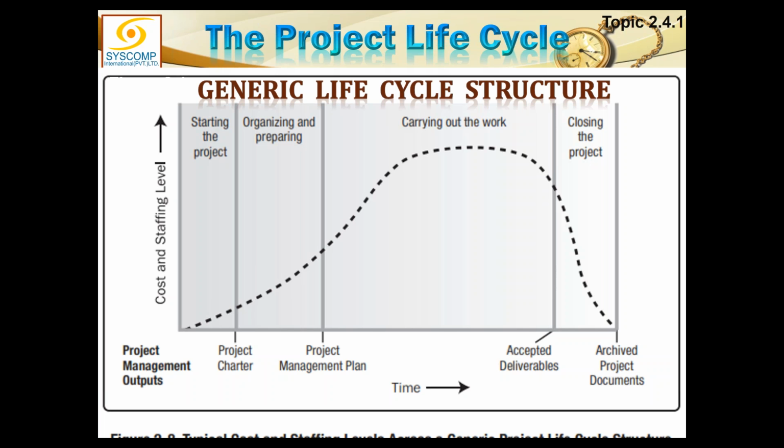Similarly, starting up the project was the first phase. Project charter is our big accomplishment of this phase. Ultimate accomplishment of phase 1 is coming up with a project charter. Similarly, if organizing and preparing is a phase, maybe project management plan is a deliverable, another milestone achieved.